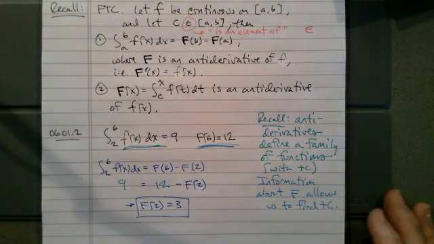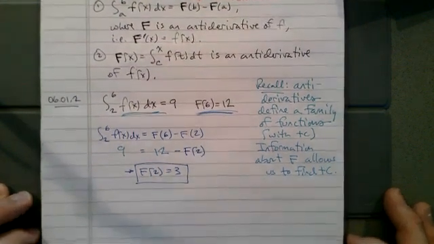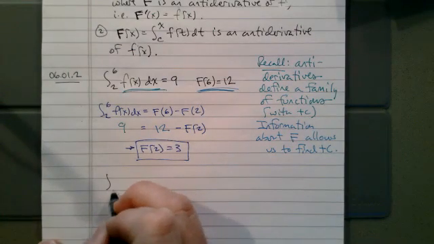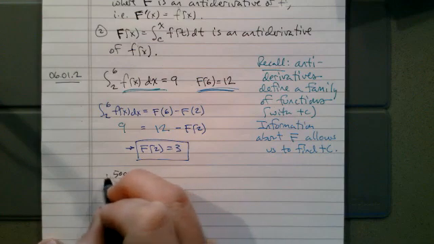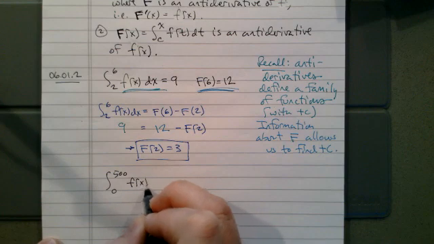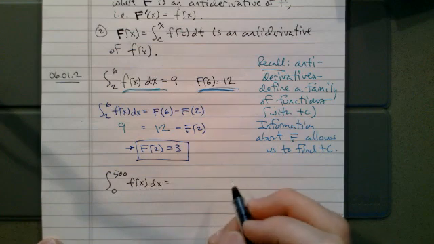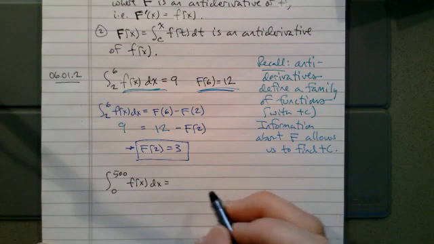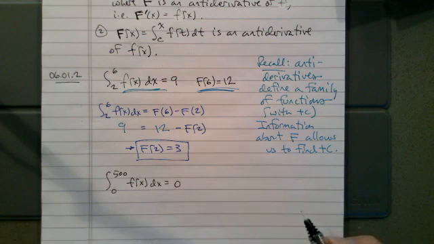There's a second part to this problem, which uses a completely different function with some different values. Or it could be the same function. We're told that the integral from 0 to 500 of little f of x dx is 0.